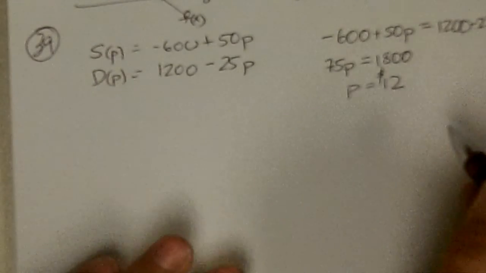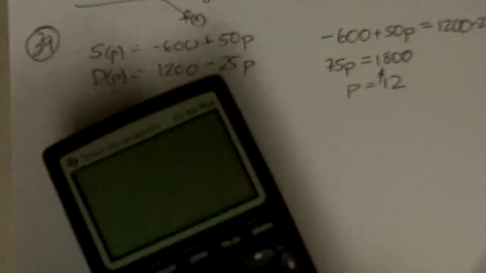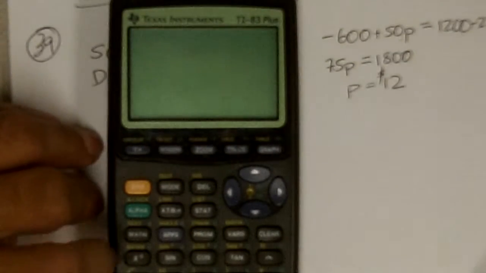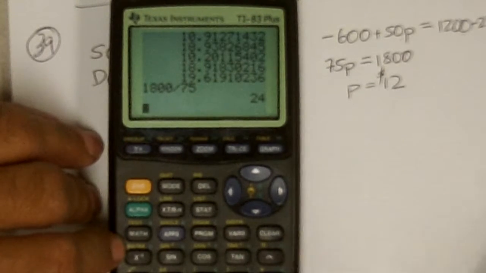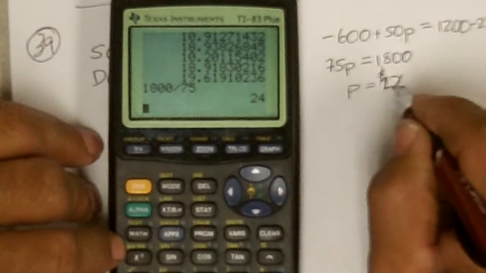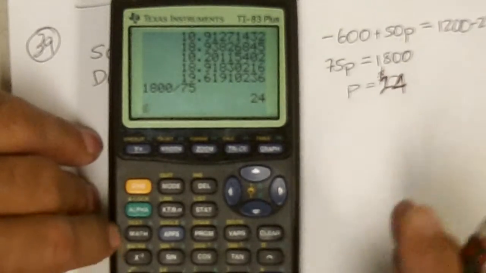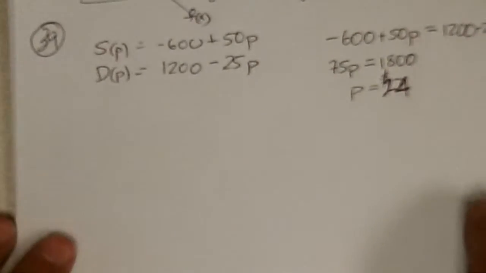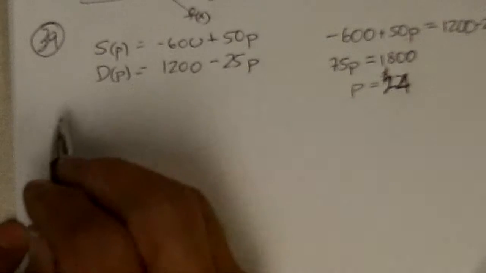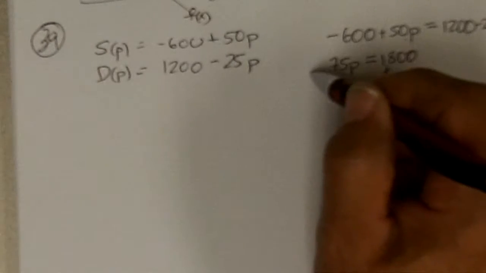Price should be 12 bucks. Check that. I don't want to give you wrong information here. 1800 divided by 75. Nope, 24. I got it wrong. 24. Okay. I didn't double it enough. Okay.